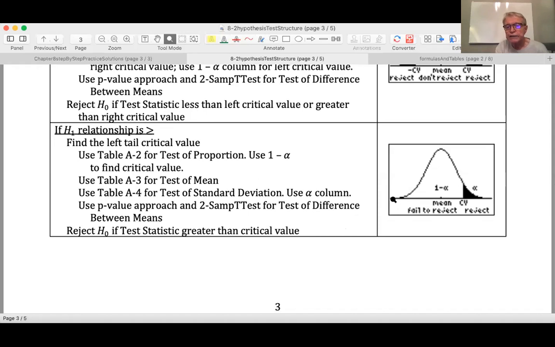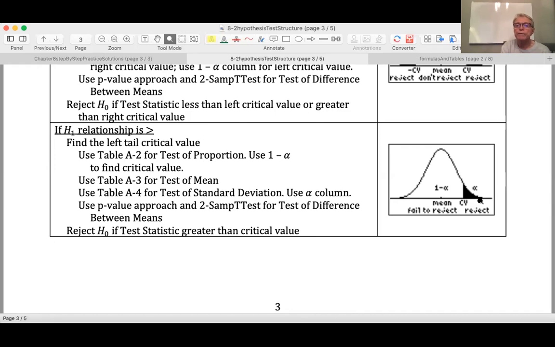So, like I said, this is what we're doing and why we're doing it, because we're trying to find the values of the test statistic that are going to cause us to reject. We'll find a critical value, and we need to make sure it's on the right side and that the area farther from the mean than the critical value is equal to a certain probability defined by alpha.